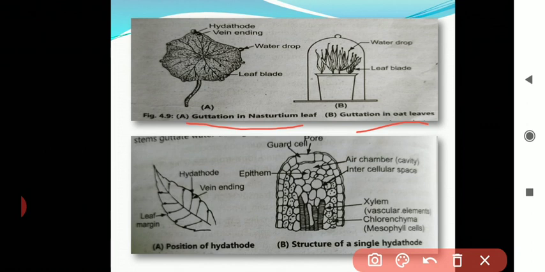After the drops have dried, organic and inorganic substances remain as a residue on the tips or margins of leaves. So the gutted liquid contains 0.05 to 0.5% of inorganic and organic solids.